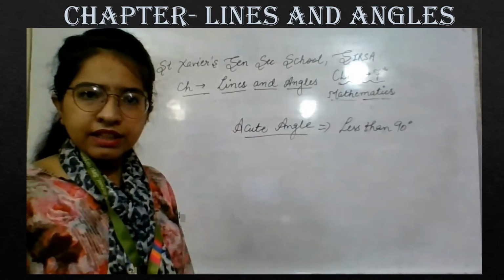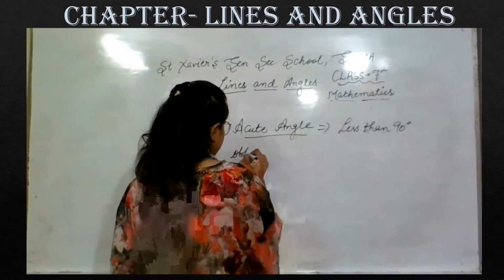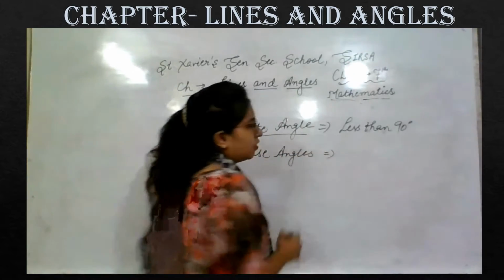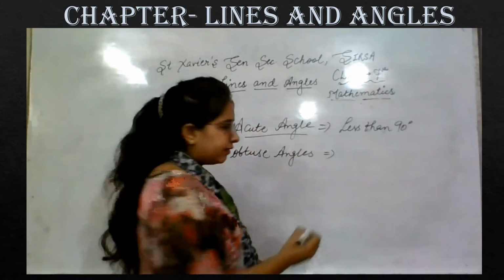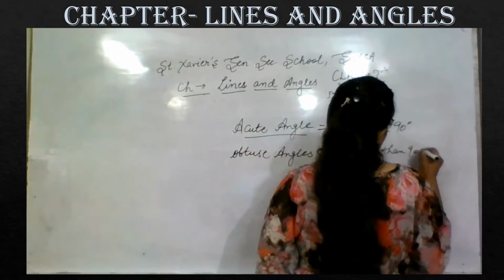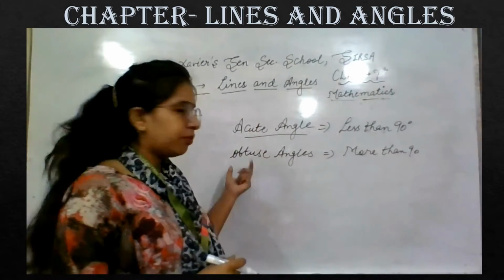So what are obtuse angles? Angles which are more than 90 degree, you can consider as obtuse angles.